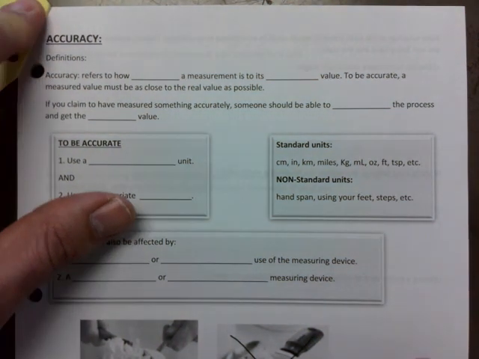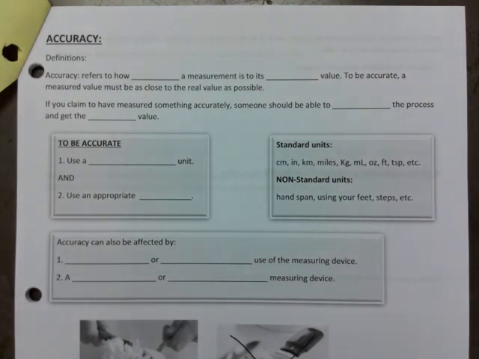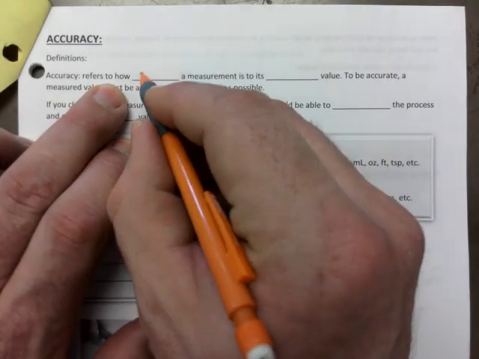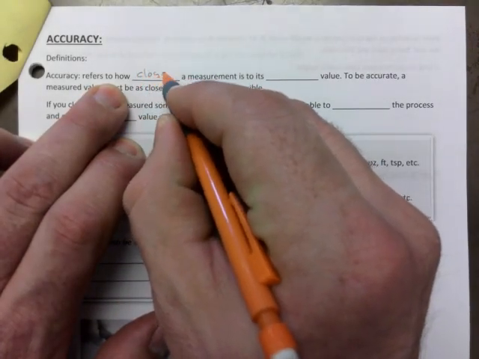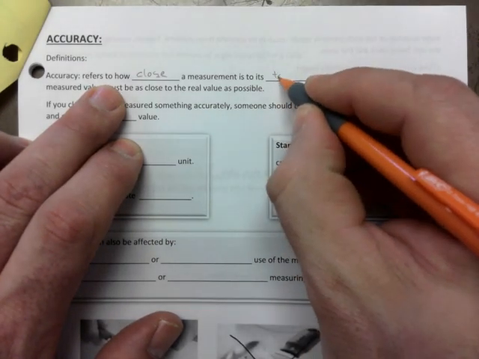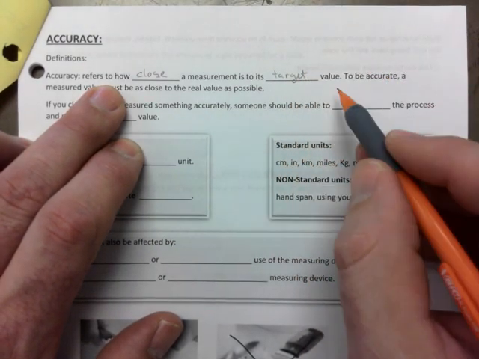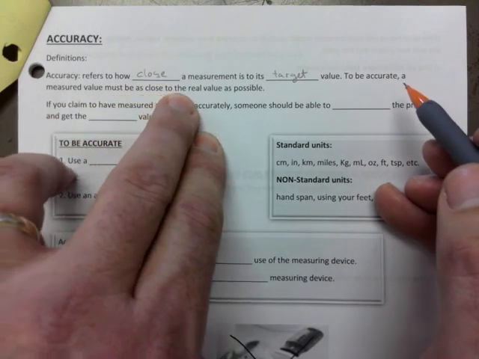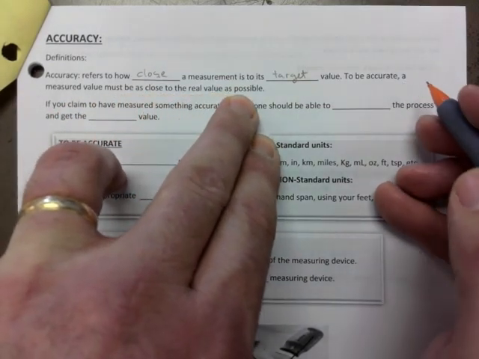So here, some definitions, some fill in the blanks. So follow me. Accuracy refers to how close a measurement is to its target value. To be accurate, a measured value must be as close to the real value as possible. Okay?